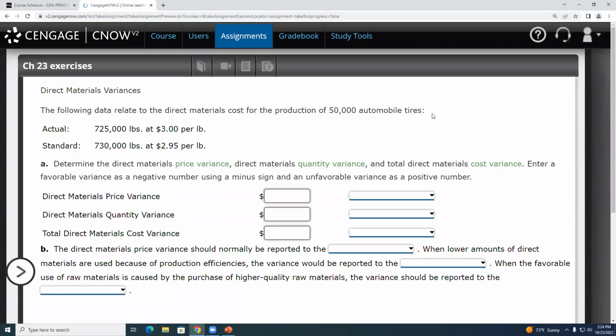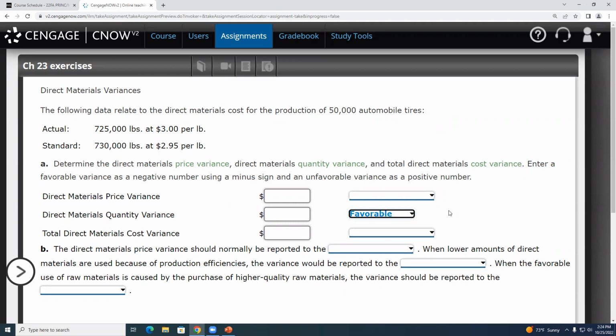That's a favorable variance. The quantity variance is going to be favorable. And I'm actually going to note that right now. We're going to have a favorable quantity variance. We save money by only using 725,000 pounds rather than the 730,000 that we planned, built into the standard.